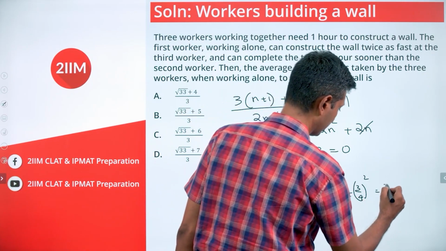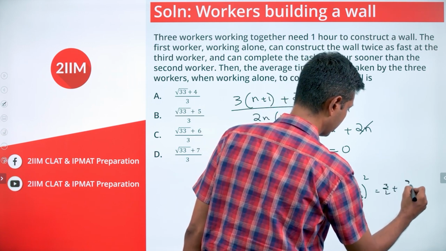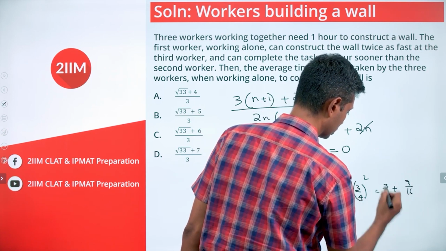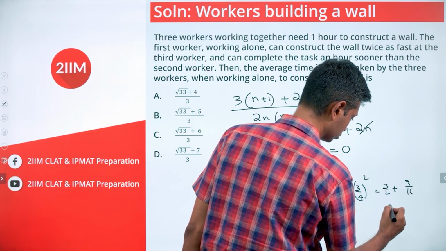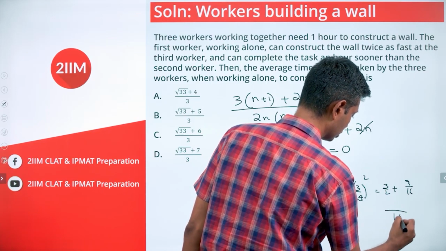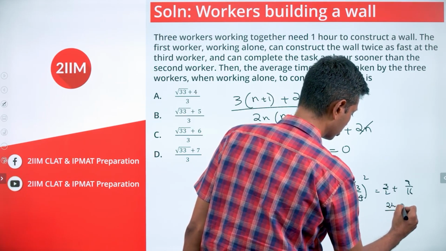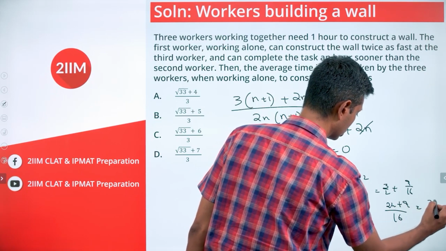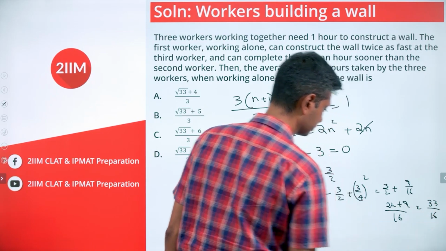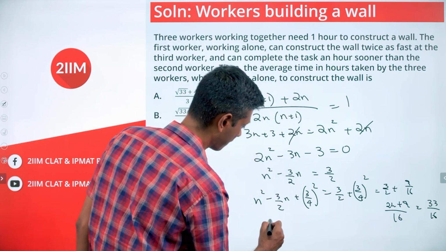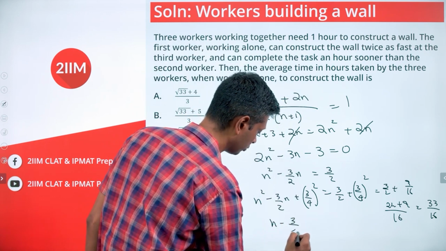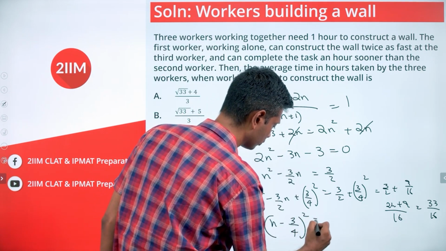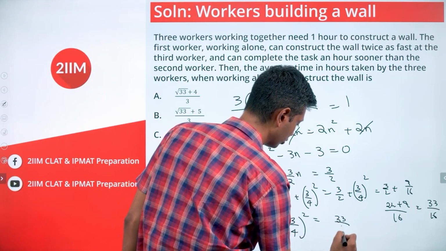Or this is 3 by 2 plus 9 by 16. Or 3 by 2, LCM is 16, 3 into 8 is 24 plus 9 by 16, or 33 by 16. Fine. n minus 3 by 4 whole square is 33 by 16.